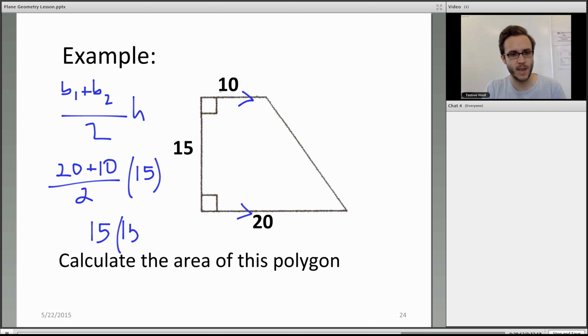Well, I know I can do that in my head because 10 times 15 is 150, plus 5 times 15, which is 50 plus 25. So 150 plus 75 equals 225. Okay, 225 square units. I don't know what the unit is, but I know that area is always going to be measured in square units.